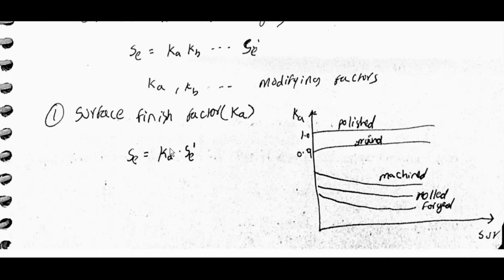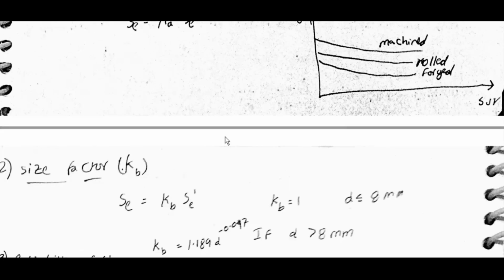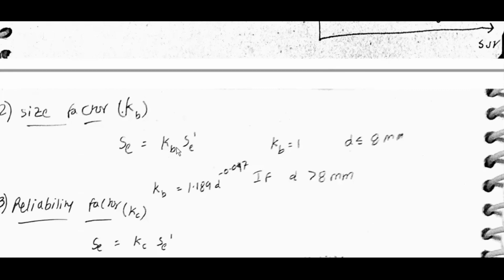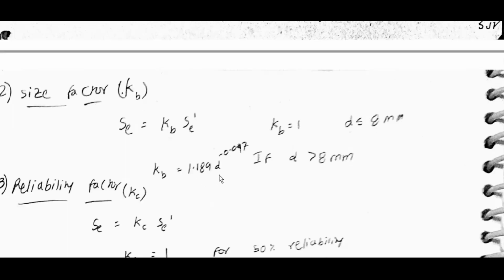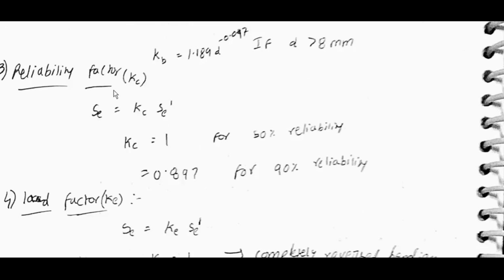Surface finish factor Ka: SC is equal to Ka into SC prime. Ka versus SUT is 1.0 for polished, then ground, finished, rolled, forged; it will go like this. Size factor: SC is equal to Kb into SC prime. Kb is equal to 1 for D less than or equal to 8 mm, and Kb is equal to 1.189 D power minus 0.097 for D greater than 8 mm.